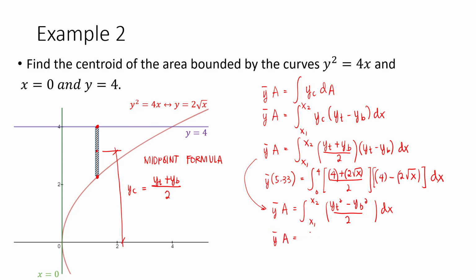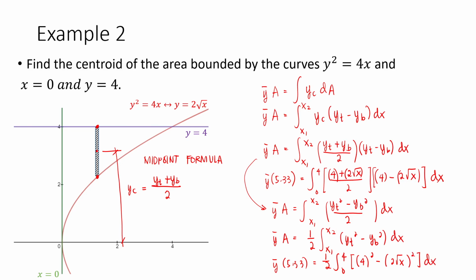Then further simplified by taking 1/2 outside the integral symbol, x1 to x2, then y top squared minus y bottom squared dx. So bar y times 5.33 equals 1/2 integral of 0 to 4, and then 4 squared minus 2 square root of x squared dx.